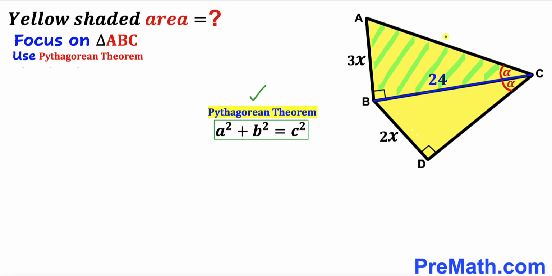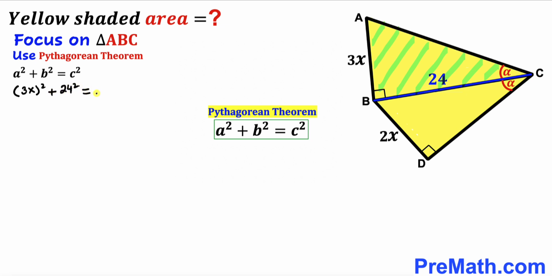In our case, AC is our hypotenuse, whereas 3x and 24 are our two other legs. Let's fill in the blanks in this formula. So we got (3x) squared plus 24 squared equals AC squared.